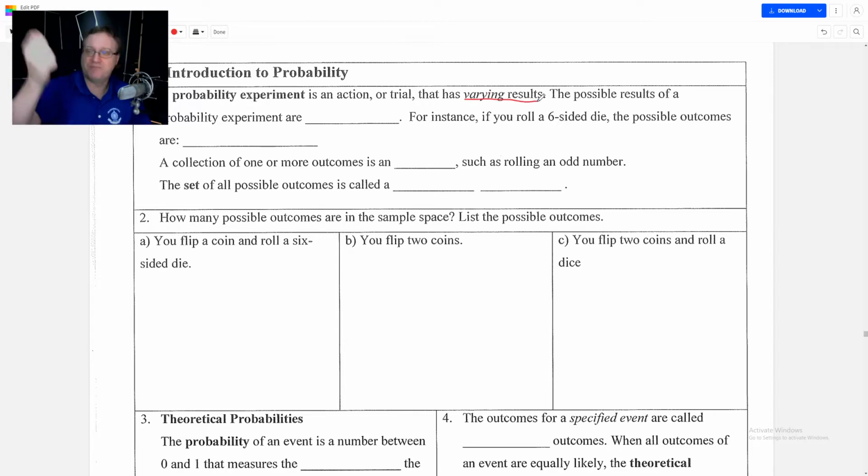I could get Benson or Michael. I could get Emily or Gina. There's many different possible results that could happen. And I don't know what is going to happen before I see it. So those are called probability experiments. They are just things that we do that could have many different results, and we don't know what the result is going to be.